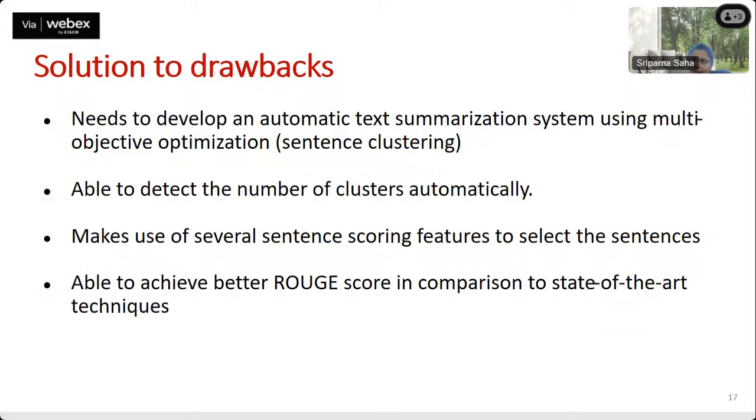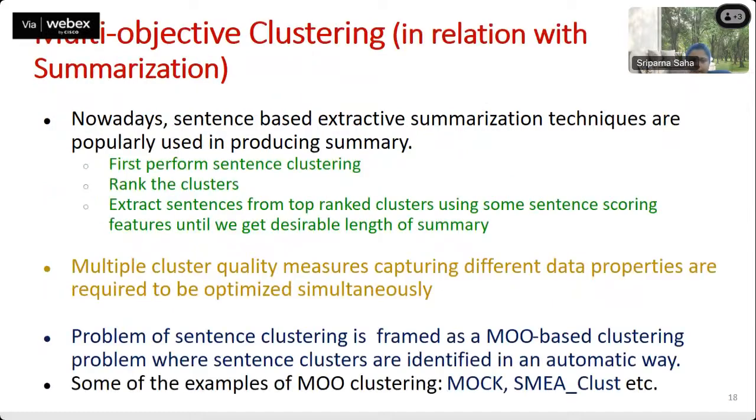We compare this generated summary with the goal summary. Goal summary means the actual summary written by the human annotator. When we compare them sentence by sentence, we are able to receive a very good ROUGE score. So this is the two-stage approach.